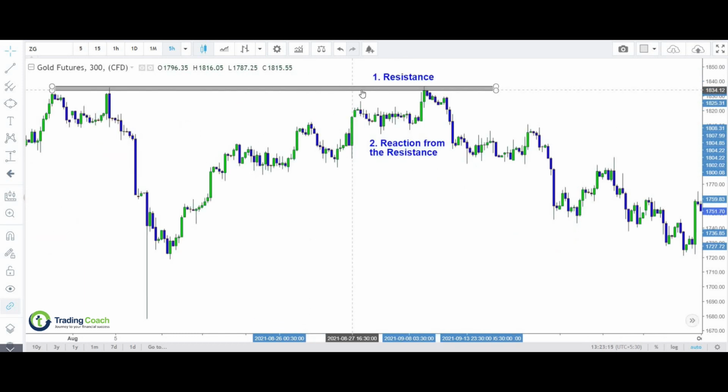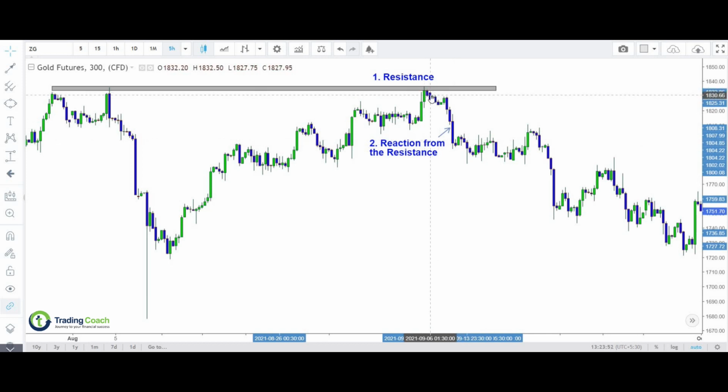We have a nice resistance somewhere around 18,037 or 18,038. As you can note, this is international gold futures. So right after testing the resistance, we had a very good reaction from the resistance over here. We had a very sharp fall, which simply indicates there is some good selling pressure right at the resistance.